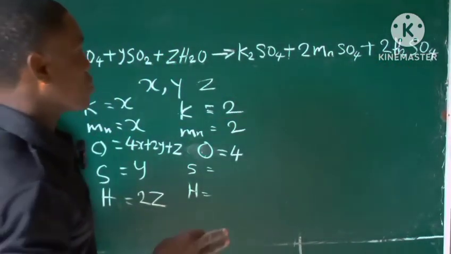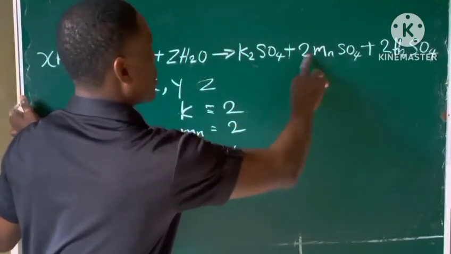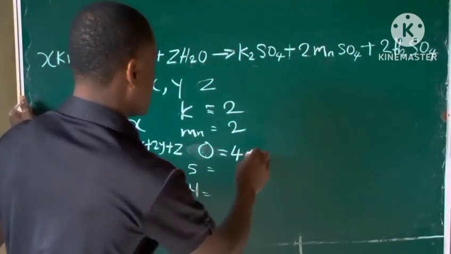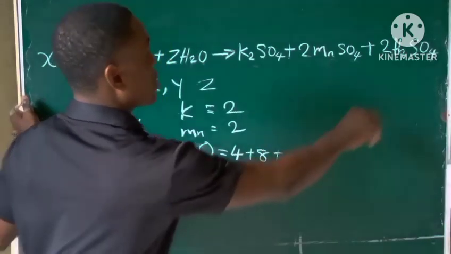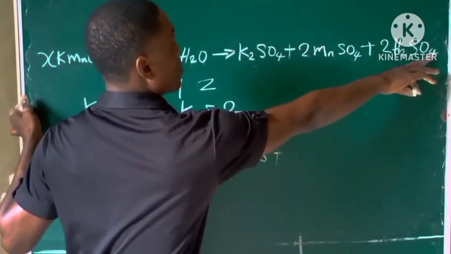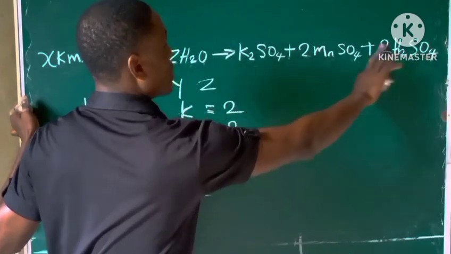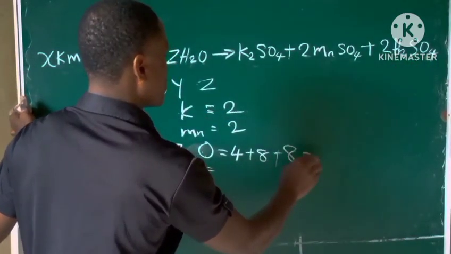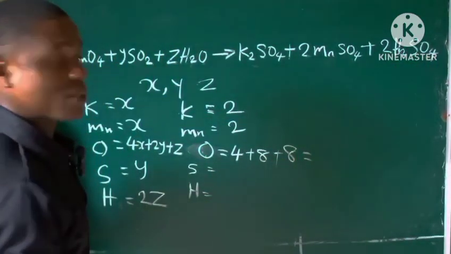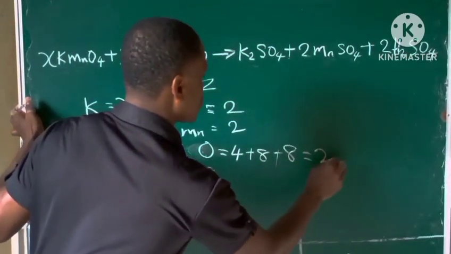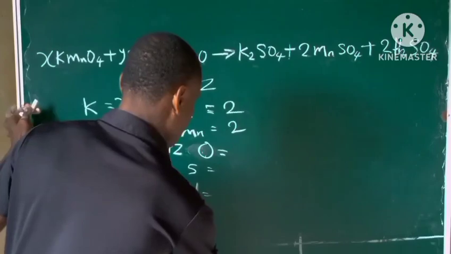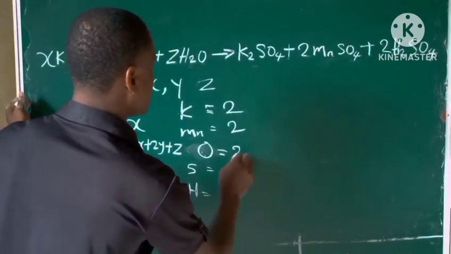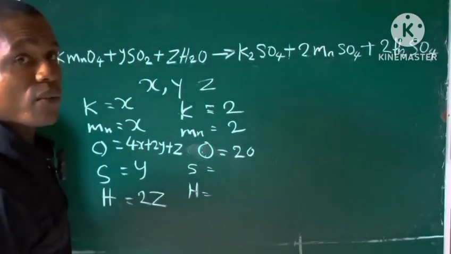So 4 times 2 is 8. The same thing, 4 atoms here, so 4 times 2 is 8. So 8 plus 8 is 16, plus this 4 is 20. So oxygen is 20.